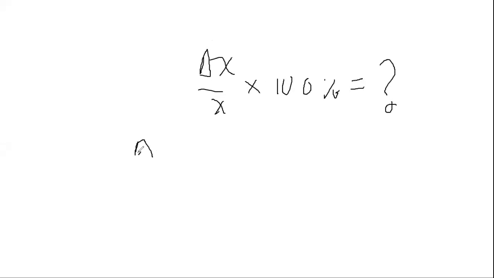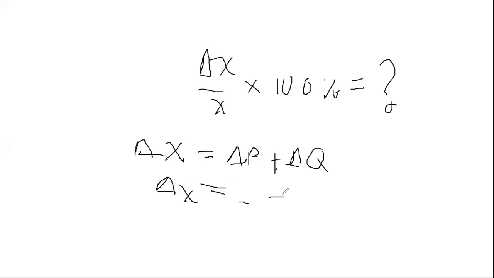Of course, you are looking for changes of x over x times 100%. So you need to find changes of x first. Changes of x is what? Changes of p plus changes of q. So find the changes of x first. What is the changes of x? Changes of p plus changes of q.